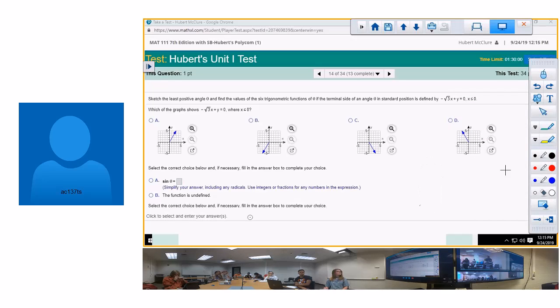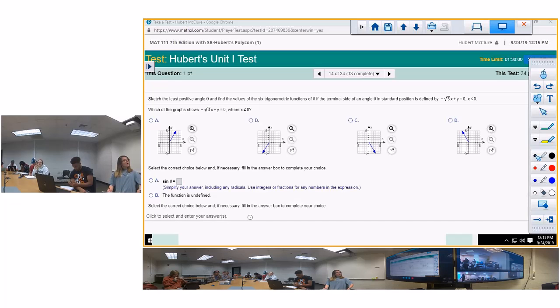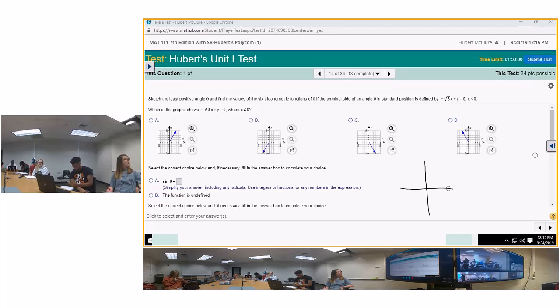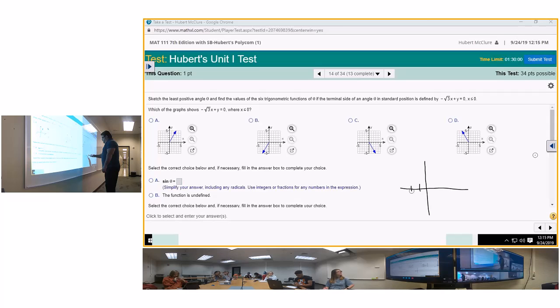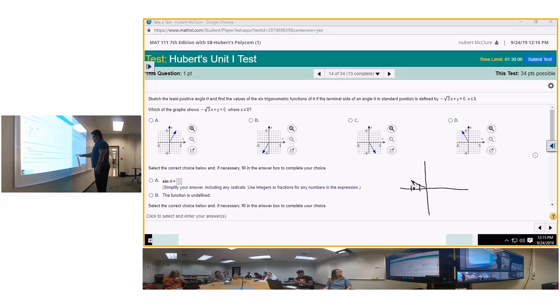I'm just going to give up. Let's go with negative 1.7x and positive 1y. So it looks something like that. Which one looks like that?